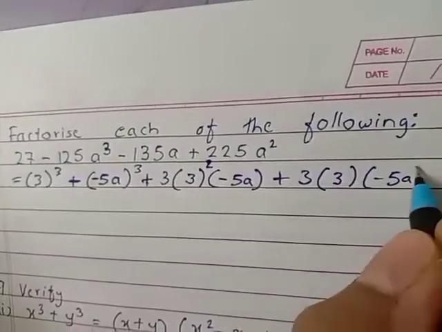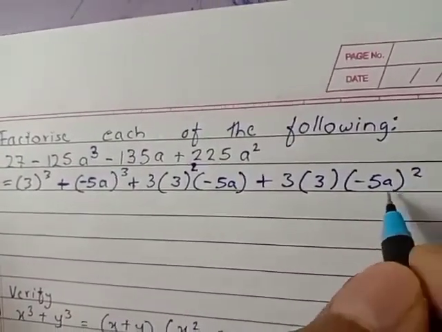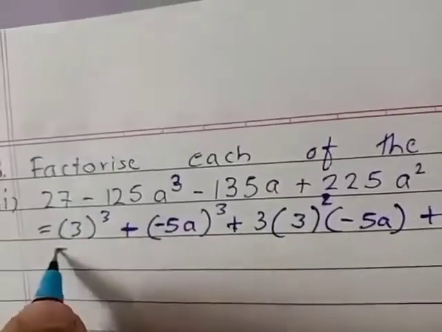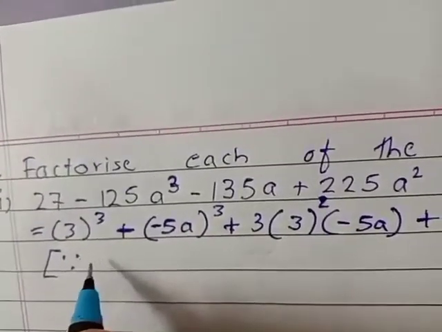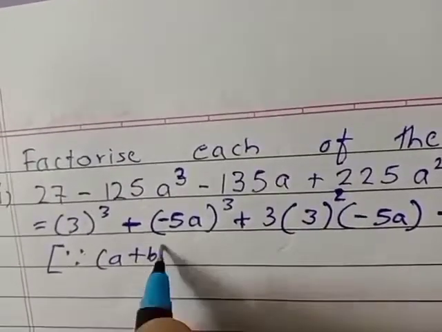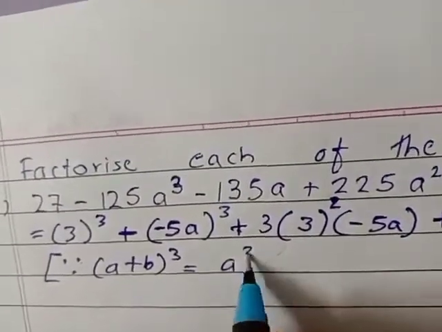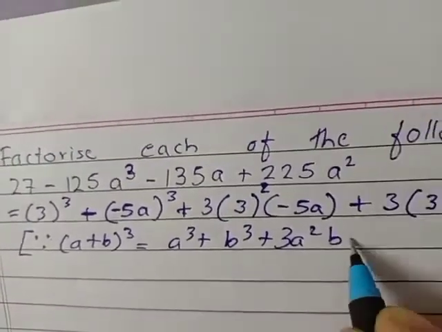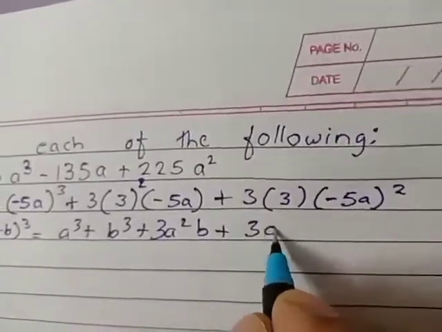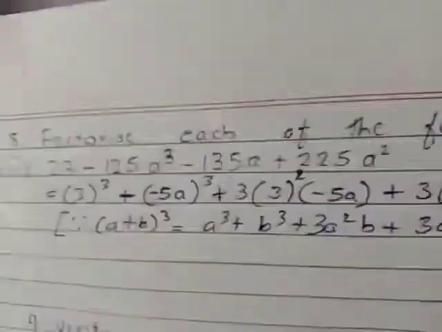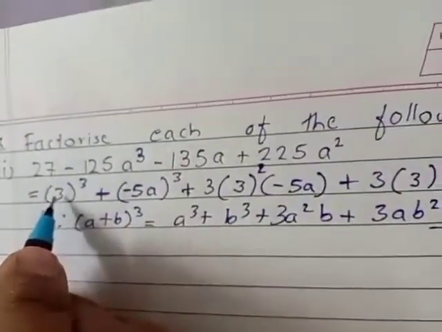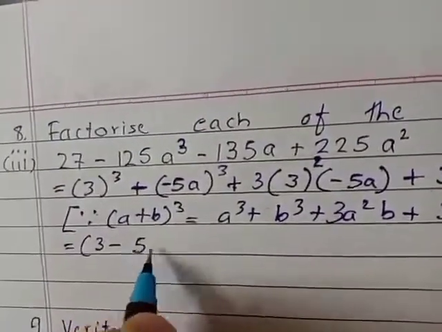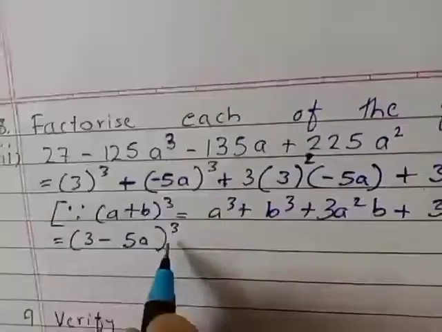Minus 5a, the whole square. You have to write the reason why we have done this, because a plus b the whole cube equals a cube plus b cube plus 3a square b plus 3ab square. Now what is a over here? 3. So this will be in the form of a minus b the whole cube.